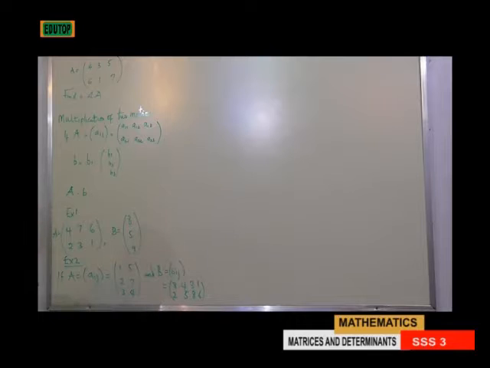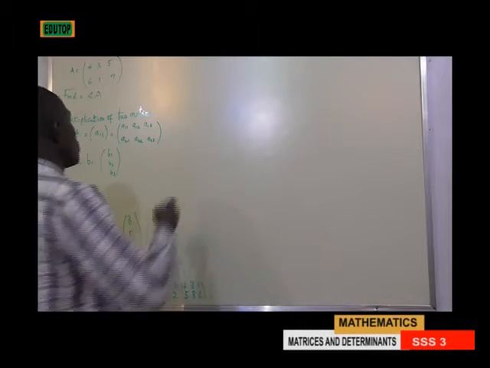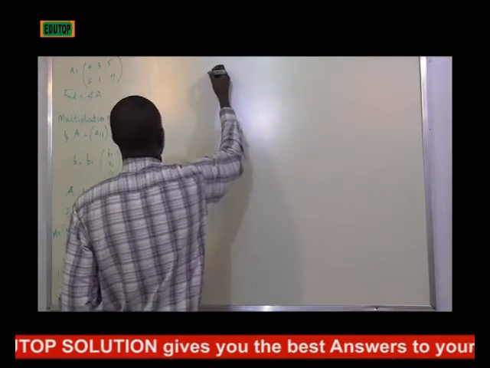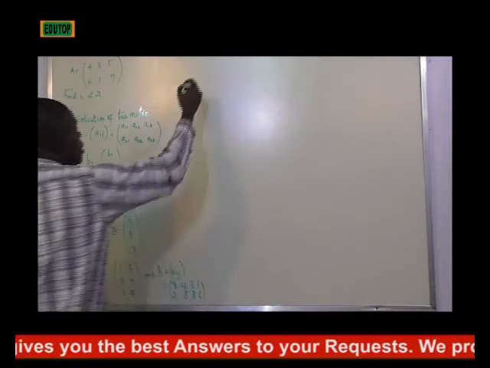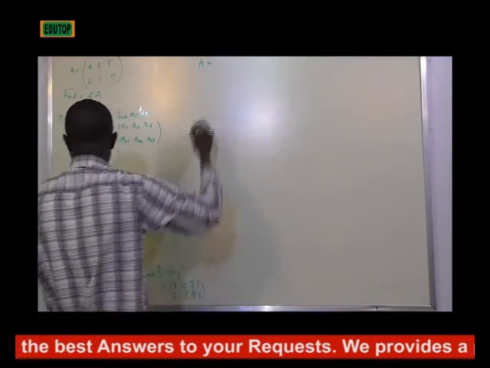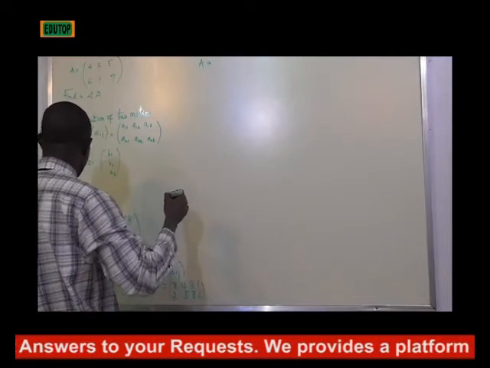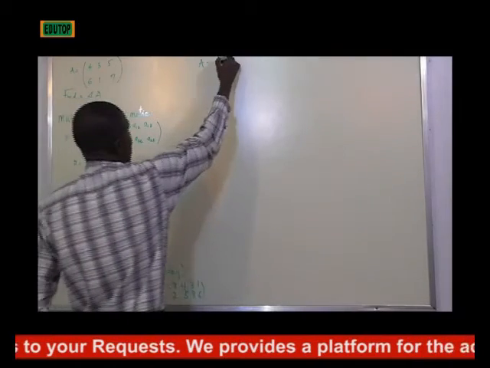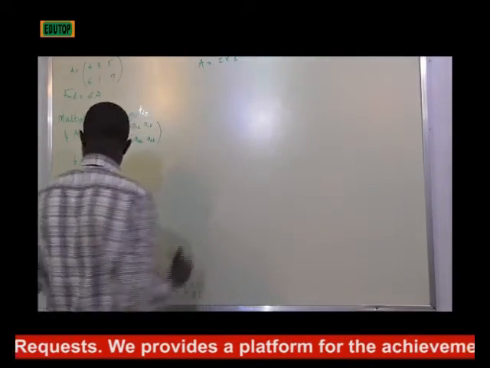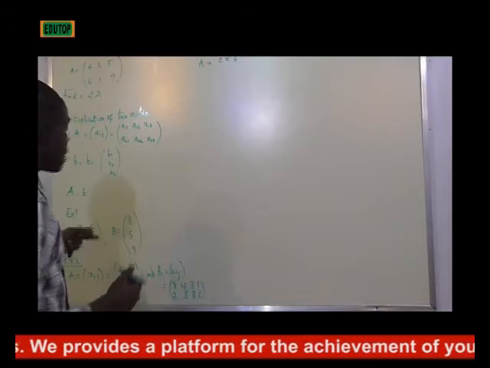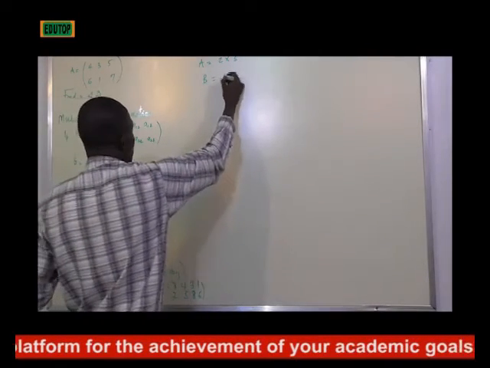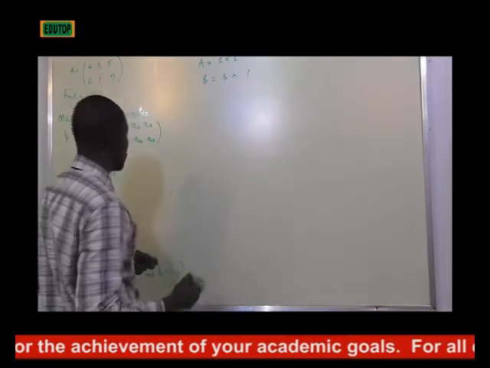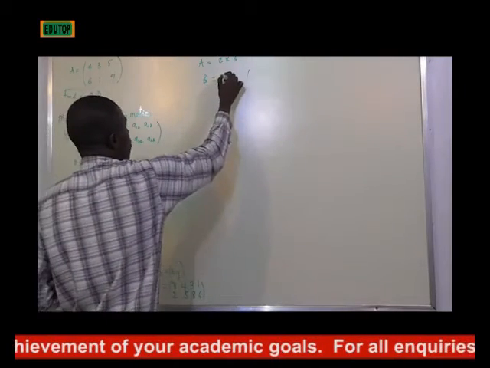Now, to consider this example, we have the matrix A and B. The matrix A is simply 1, 2, 1, 2. This is a 2 by 3 matrix. Then matrix B is a 3 by 1 matrix.